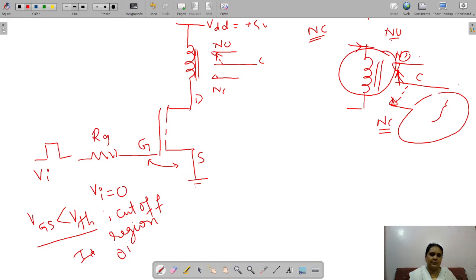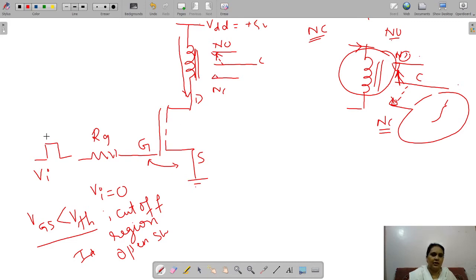So it will behave like an open switch. It means the drain current doesn't flow from drain to source. If it doesn't flow, then the relay is not energized. The contact remains at this position only, so it never trips to the NC.